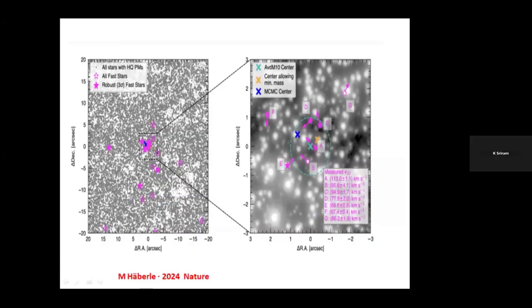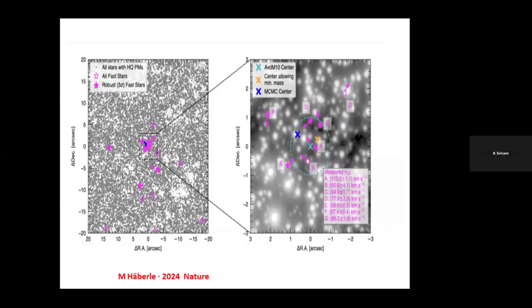So what did they do? They studied the stars, because a black hole does not emit any light, but it has gravity, and stars around it will experience that gravity.